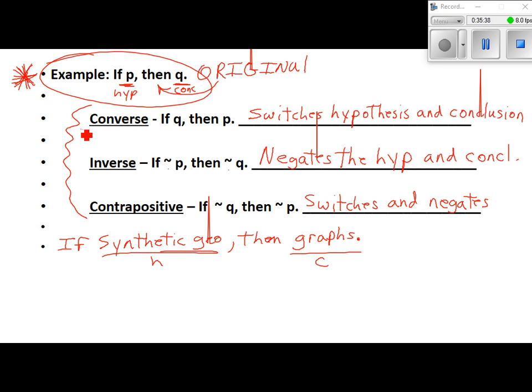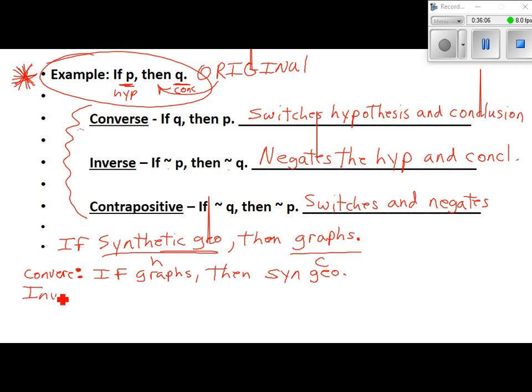If I wanted to write the converse of that, what's the converse do to the statement? Switches it. So what's it going to say? That's all it is. If graphs, the if still stays in the front, the then still stays back here, then synthetic geo.